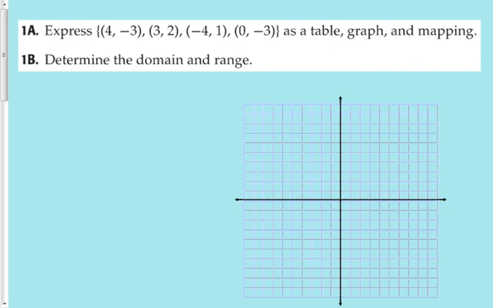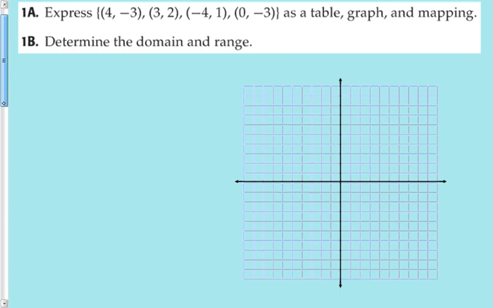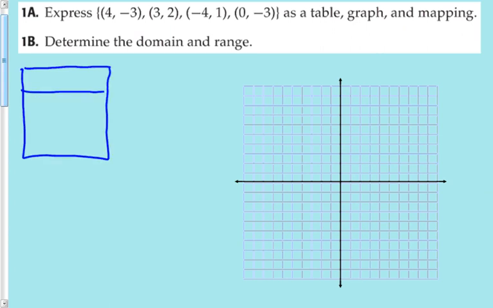Okay, so this is an example of what one of your questions will be. Express these ordered pairs as a table, graph, and mapping. Then, determine the domain and the range. So the first thing we're going to write up is a table. Make yourself a table. Put out your lines on your table.